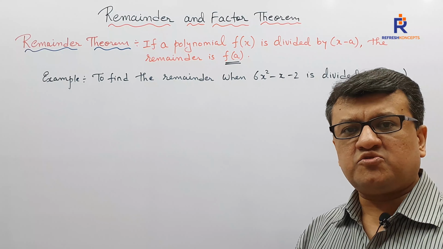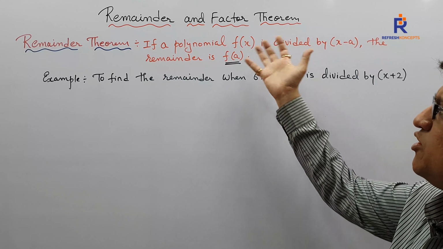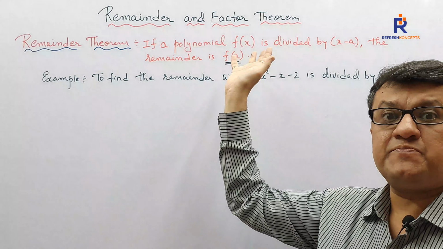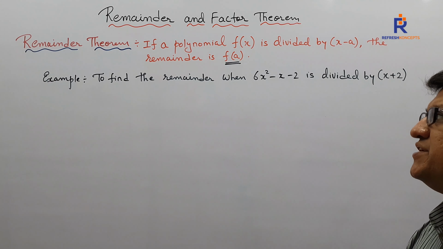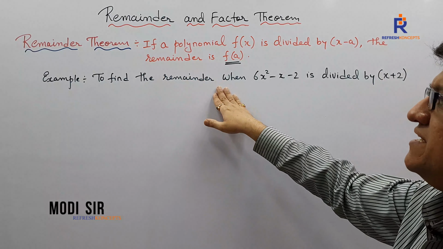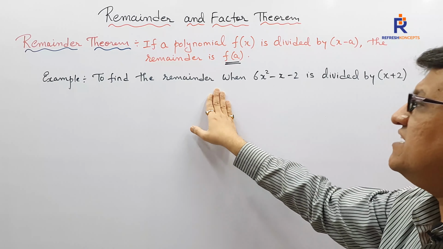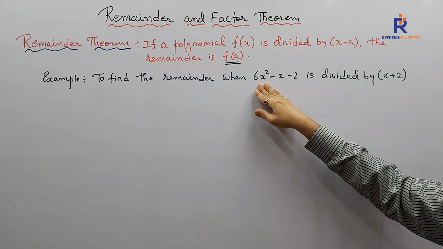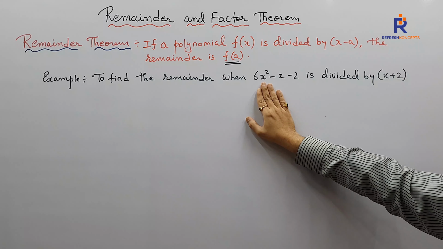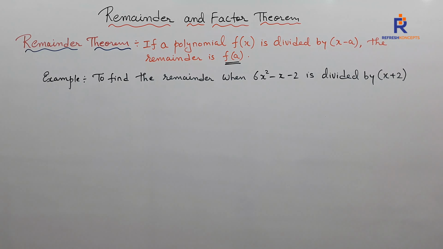Now those who have understood, fine, but those who have not understood what exactly the language of the remainder theorem speaks, let's understand by taking this particular example. To find the remainder, we are not interested in finding the quotient, we are supposed to find the remainder directly, when this f of x, a polynomial in x, 6x square minus x minus 2, is divided by x plus 2.